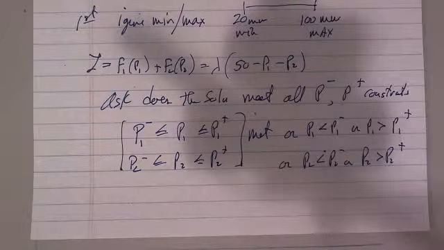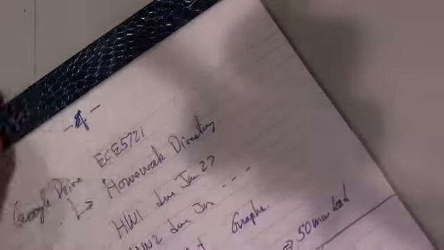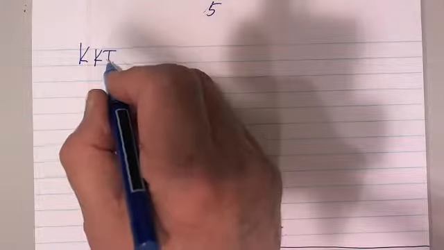And to do this, we use something called the Kuhn-Tucker conditions, or KKT. I like to tell my students that when I was a student, it was called Kuhn-Tucker, K-U-H-N, Kuhn-Tucker conditions.